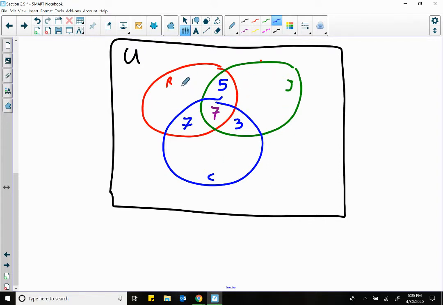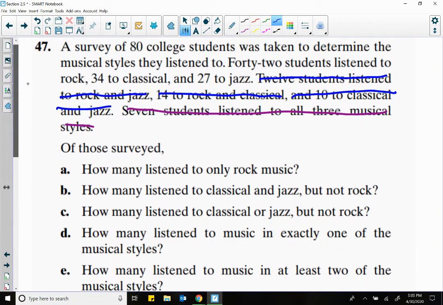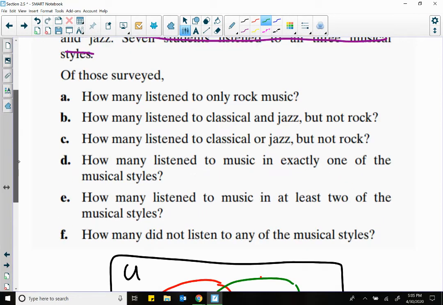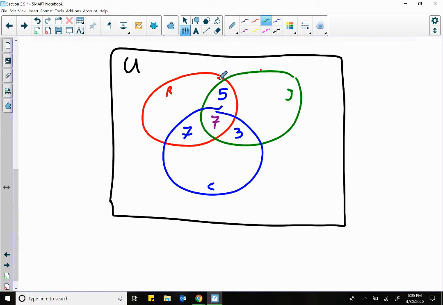Now we want to know how many students are just rock. Up here, we know that 42 students listened to rock. So again, my entire red circle must be 42 students, but we've already taken care of some there.